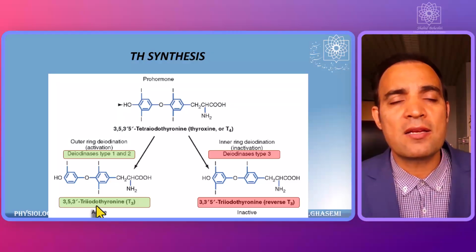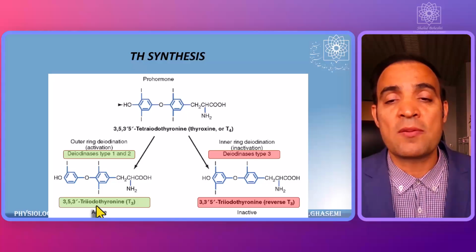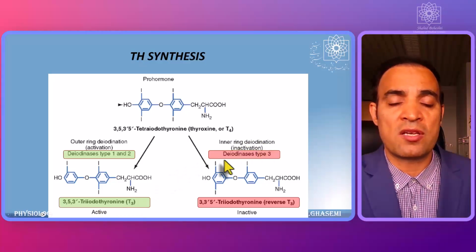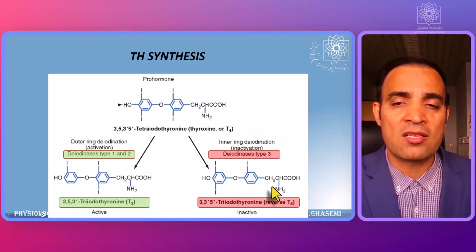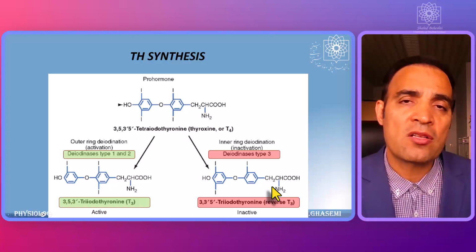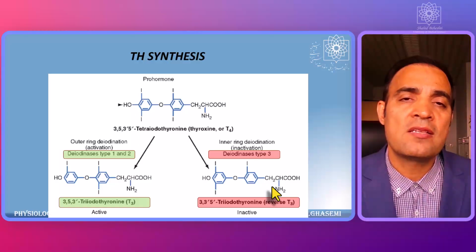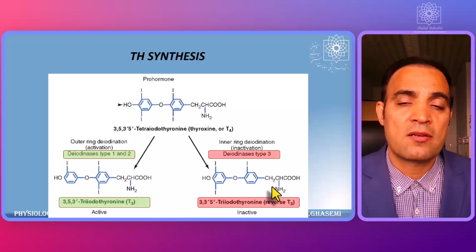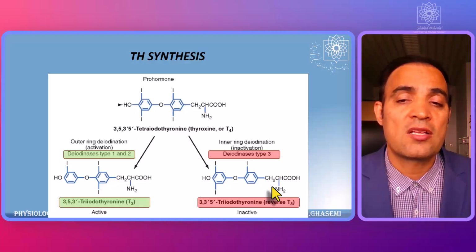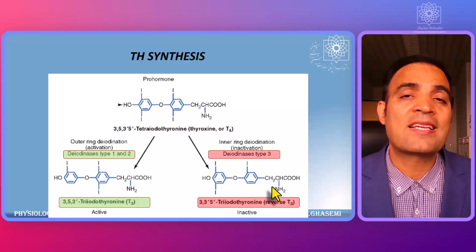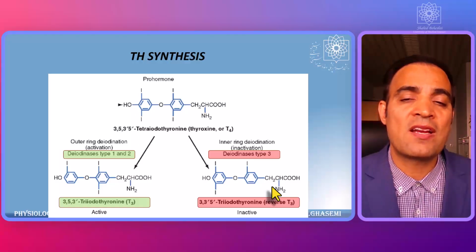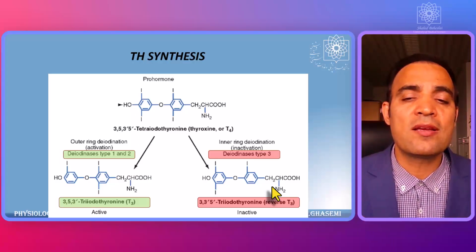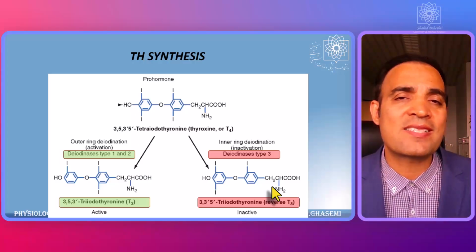But there is another deiodinase, type 3, which I showed you in red highlight. This type of deiodinase, on the other hand, works to inactivate T4 and convert it into inactive reverse T3.